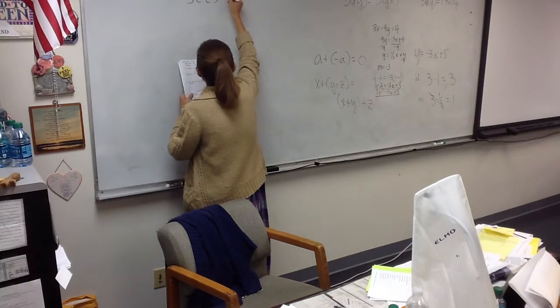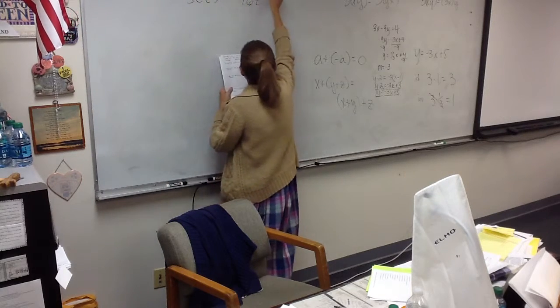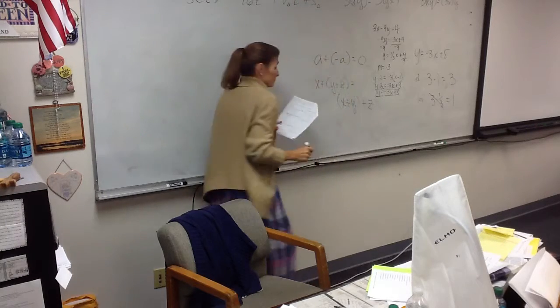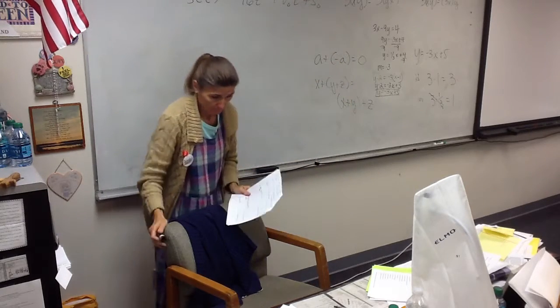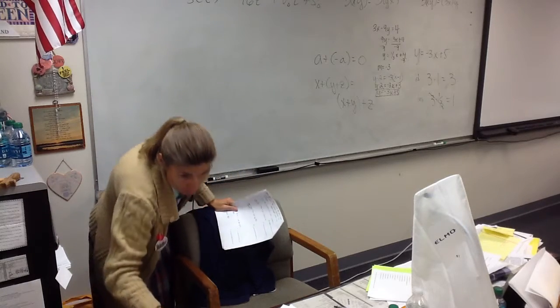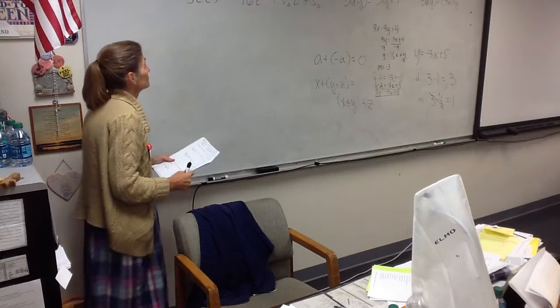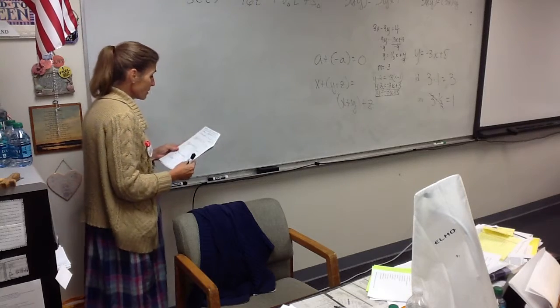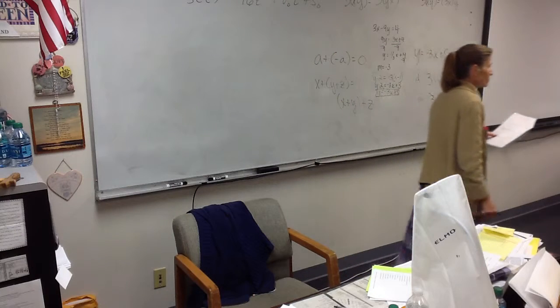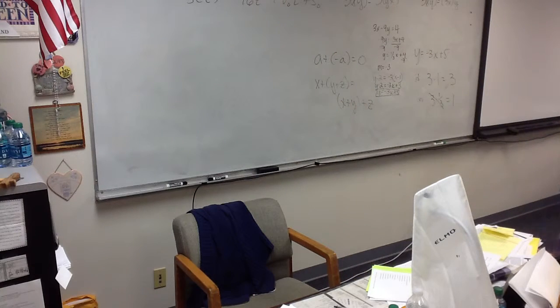So I've given you this formula. All right, here we go. Oh, this is a tricky one. Read your problem carefully. Wait, so did me and Maya get those right? Yes.